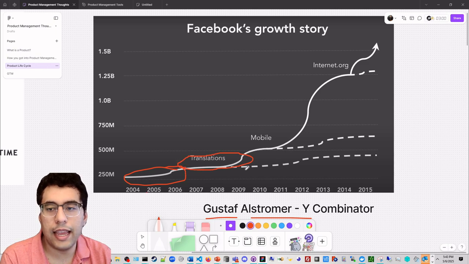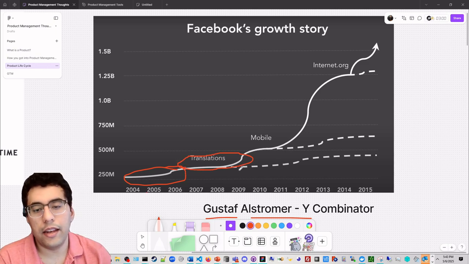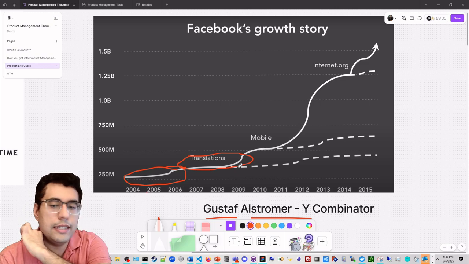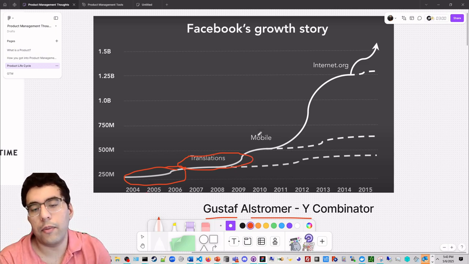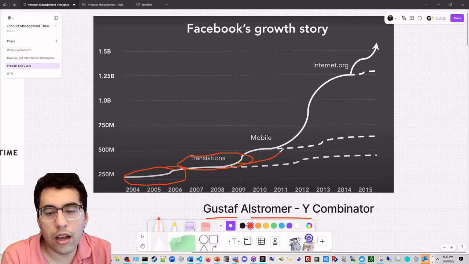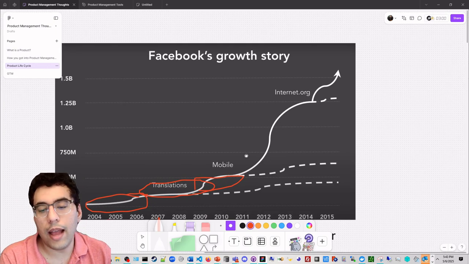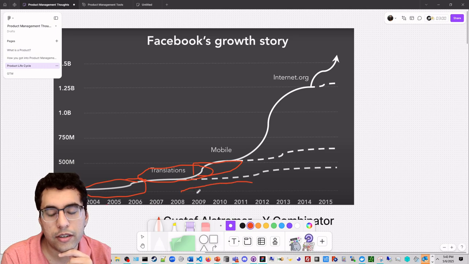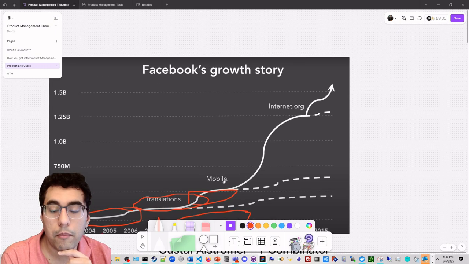So translating English into French, Chinese, Italian, whatever it may be, led to a ton of growth, 500 million users globally, right? And then what happened in the 2000s with the introduction of the iPhone here, mobile came, and mobile just helped that growth of the product and extended its life cycle completely.